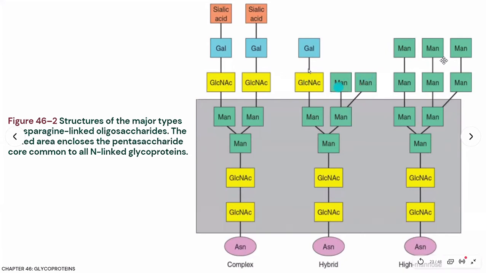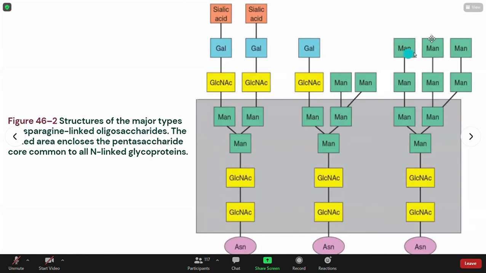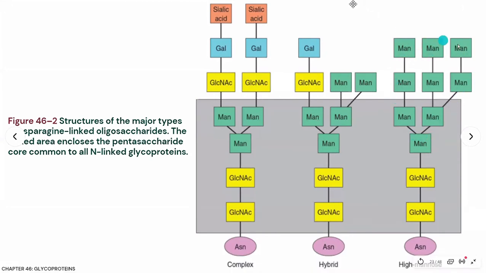No? And then galactose, similar to that. So it's a hybrid. While this one is distinct, it is high in mannose as the sugar. They are all mannose. Okay? So you have three types: complex, hybrid, high mannose. So mostly mannose.